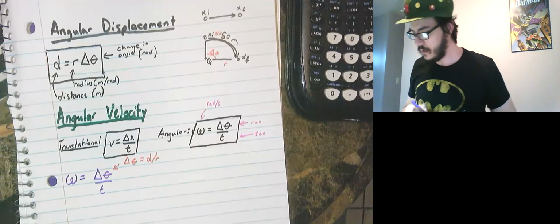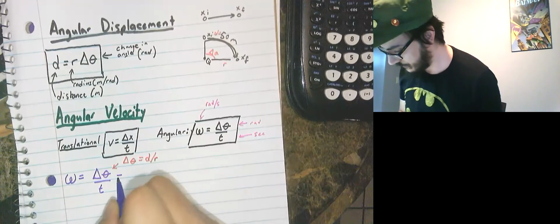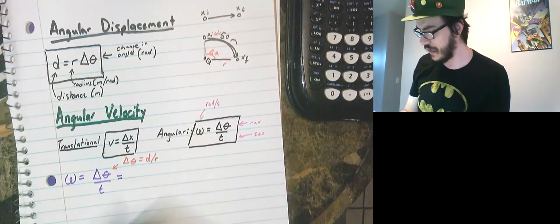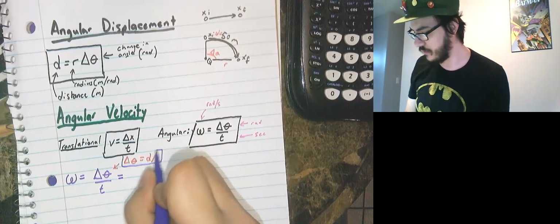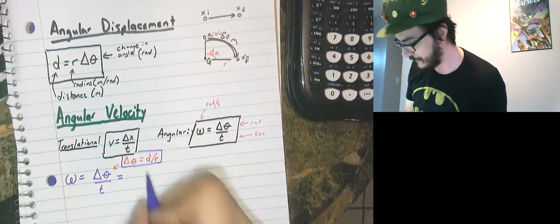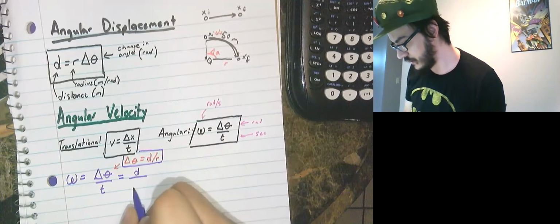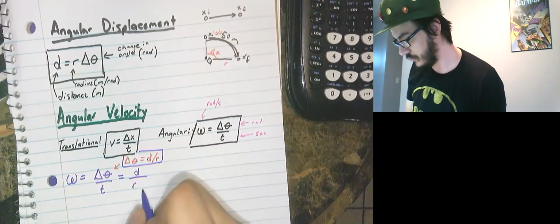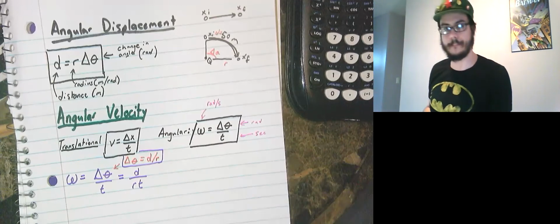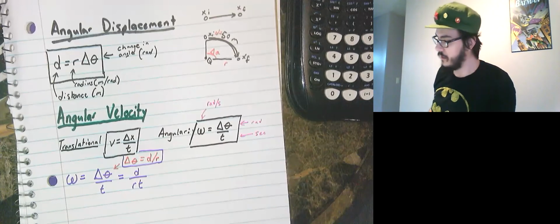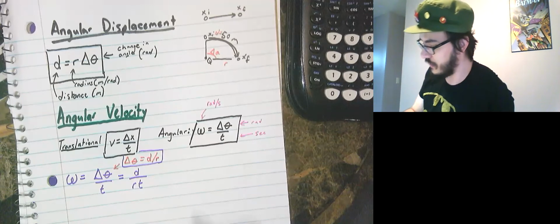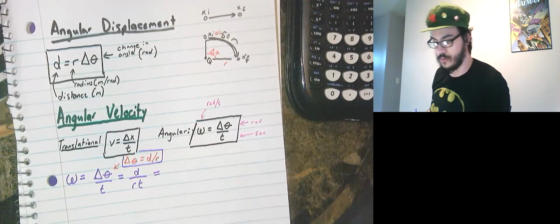Okay. So let's plug that in place of the delta theta. We would get distance divided by radius and also time. We are most of the way there to creating a new interesting formula.